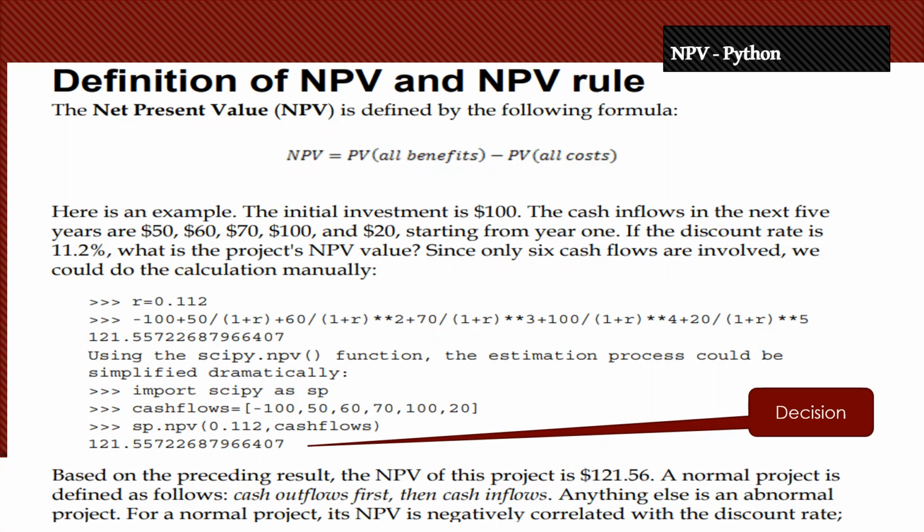As usual, the initial investment is minus 100 because it is an outflow. So we are using minus 100, then 50, 60, 70, 120. These are all the inflows. The output shows clearly as 121 point something. So this is how we calculate net present value in Python.